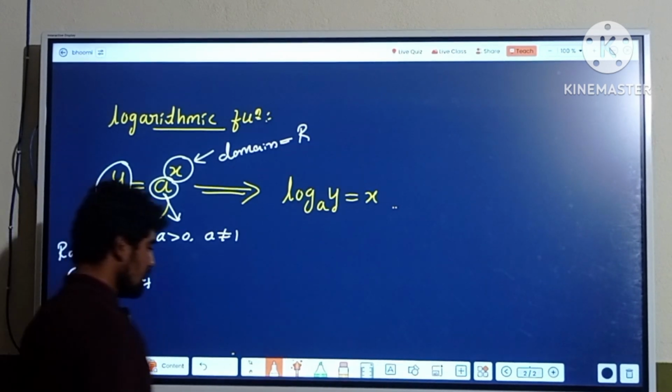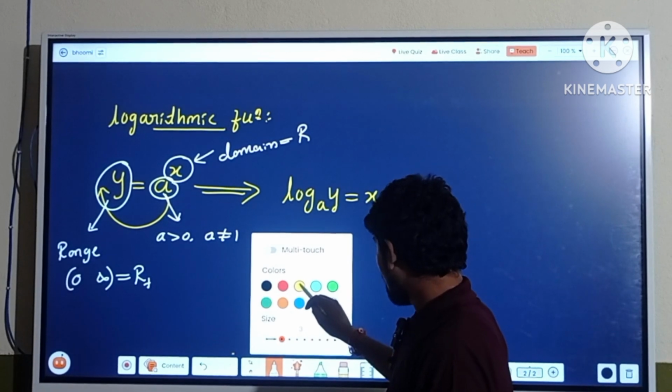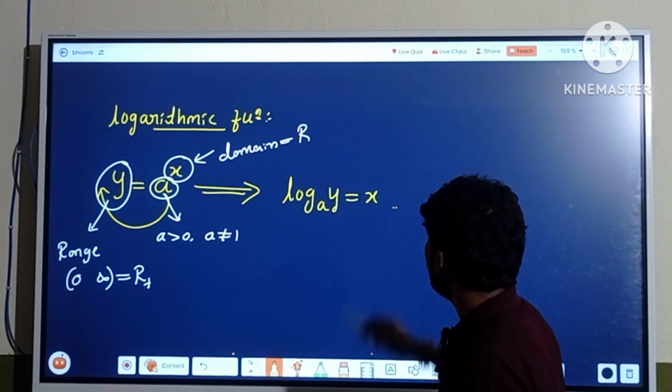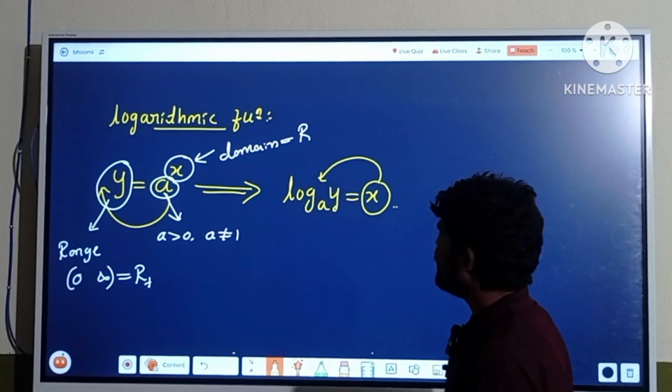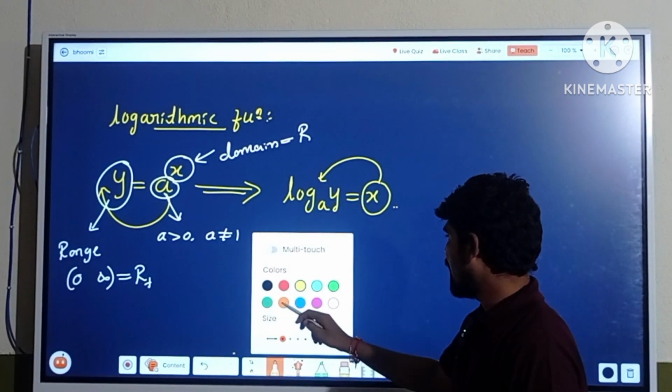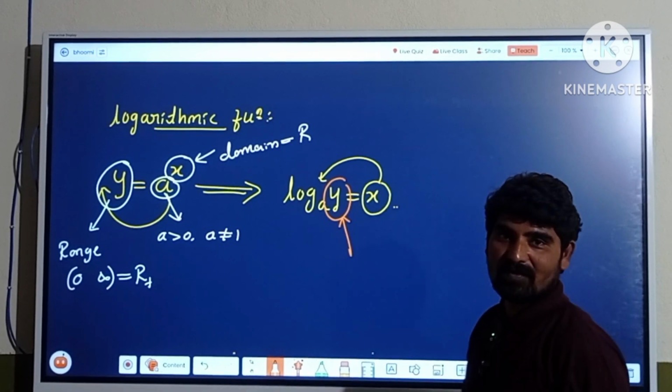Now observe this. From this we may conclude that x is the output value of the logarithmic function, and this y is the input of the logarithmic function.